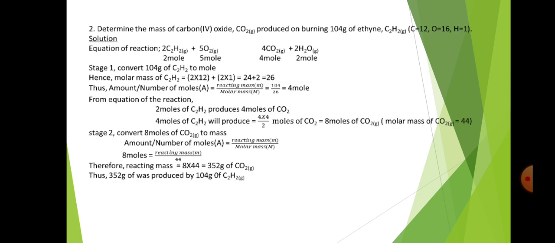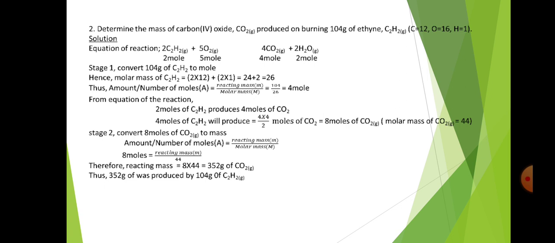Example 2. Determine the mass of carbon(IV) oxide produced on burning 104 grams of ethane. Now, what do we mean by burning? It means that the ethane reacted with oxygen. From the equation of the reaction, you see that clearly.